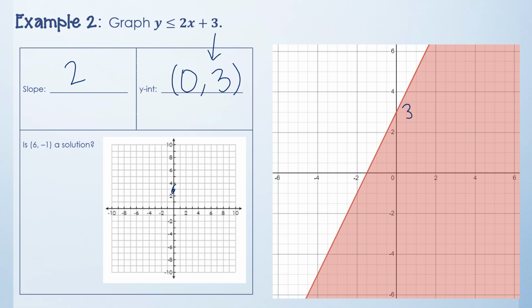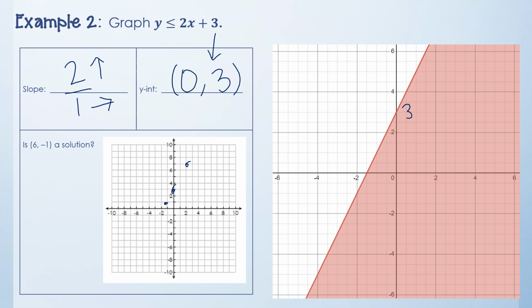If your slope is a whole number, you can always put it over 1 to graph it. If my slope is positive 2, that means I would go up 2 and then right 1. You could also go left 1, but then you would need to go down 2. So you'd have to go either a negative over a negative or a positive over a positive to make the slope positive.